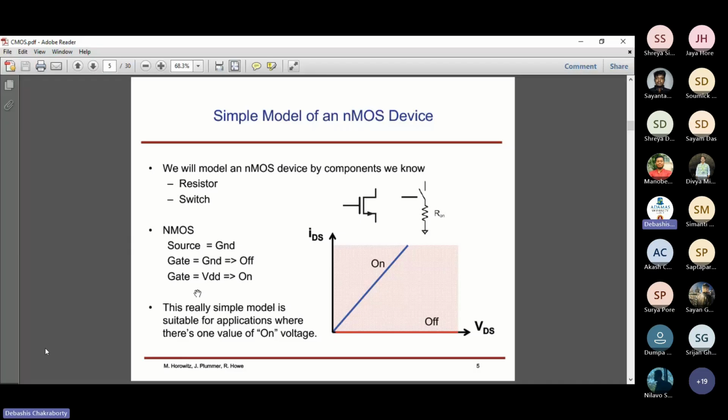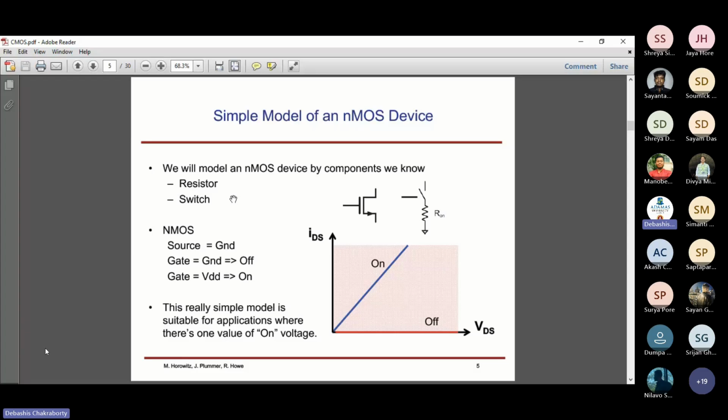And secondly, when the gate voltage is high, like VDD, meaning logically high or binary 1, the device is on. Have you all noted it down? You need to draw only this particular symbol and this part, and whatever I have said. So this is about the NMOS.